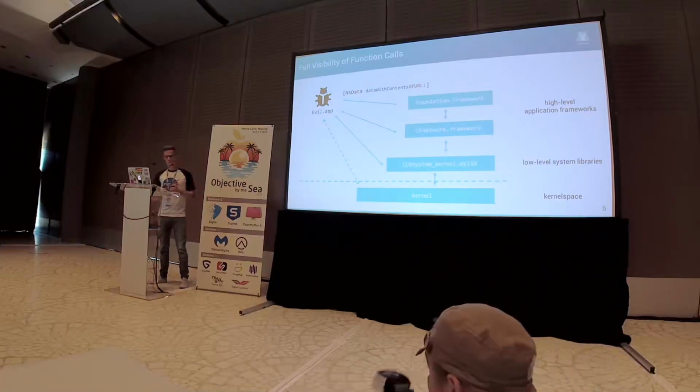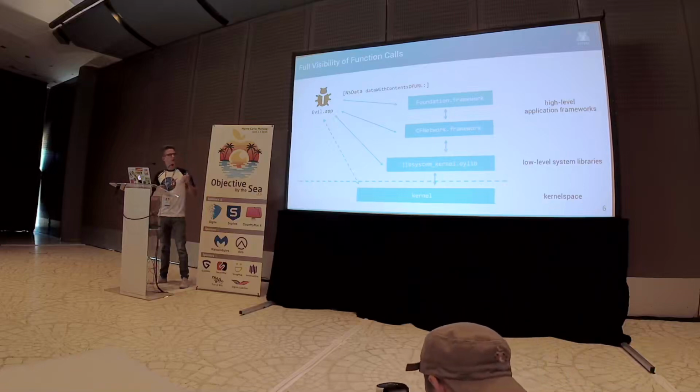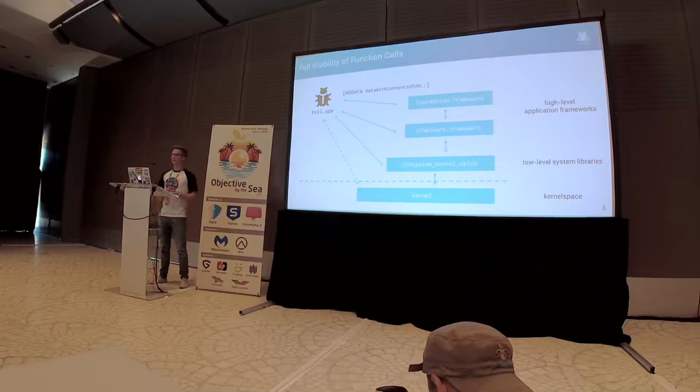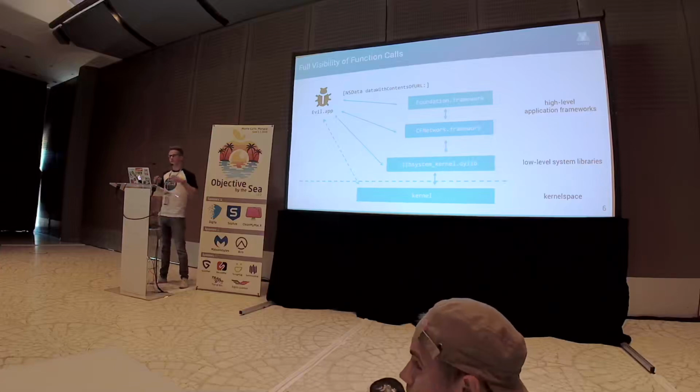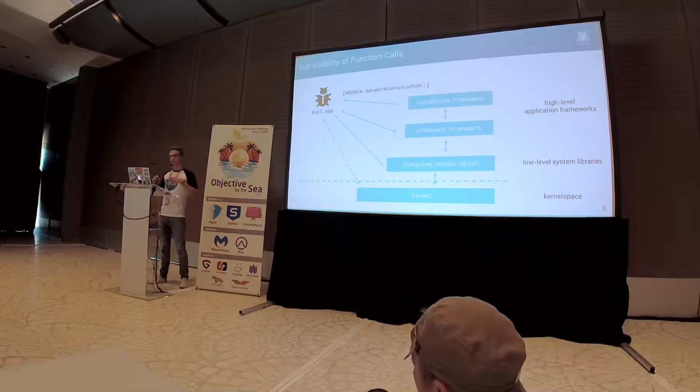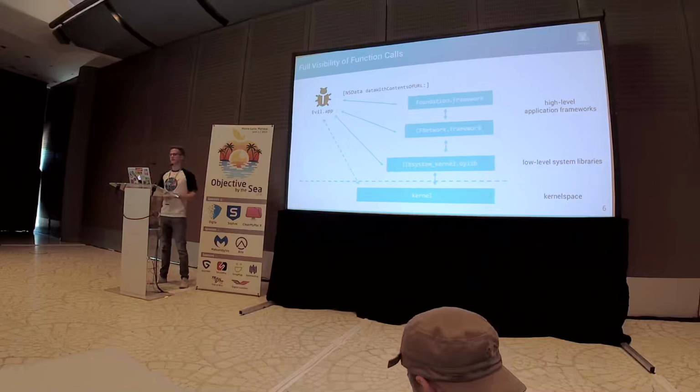There are multiple problems with that. For example, if you do a high-level function call, such as this one, this might result in hundreds of syscalls. So if you only intercept syscalls, you have to infer what the original intent was just by using these syscalls.